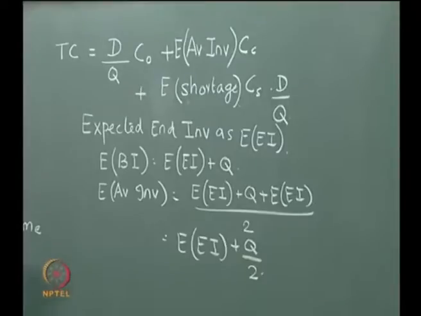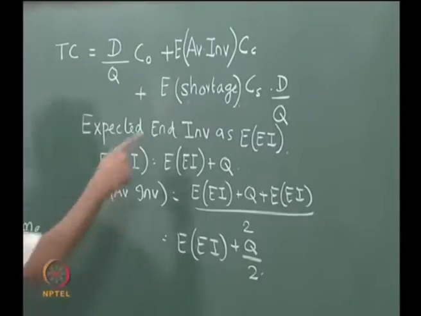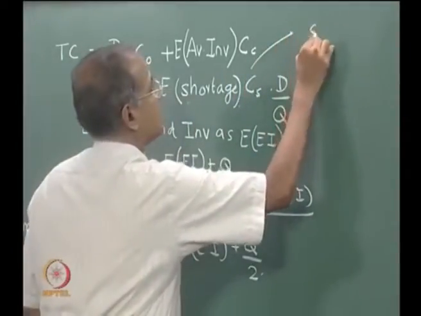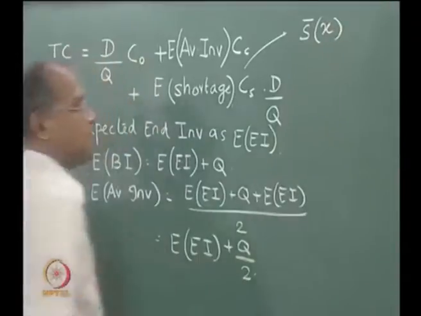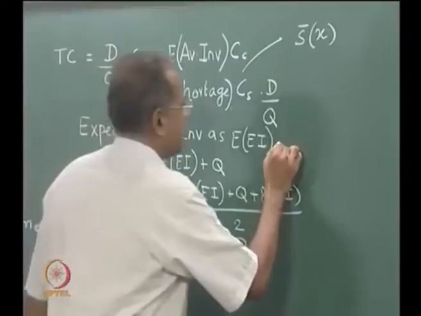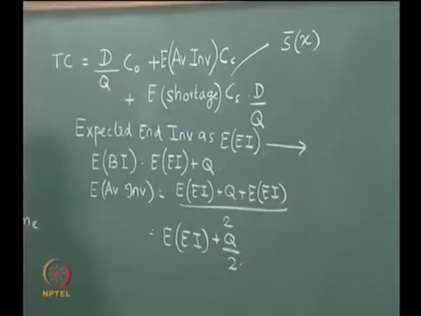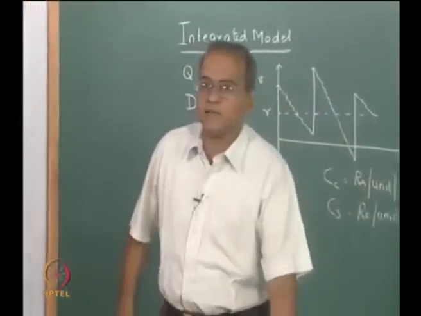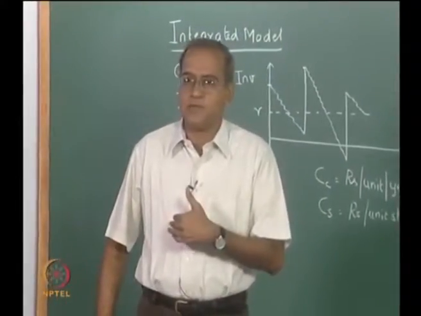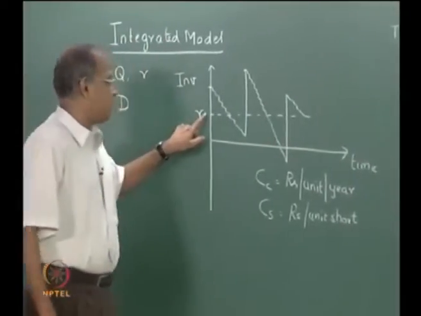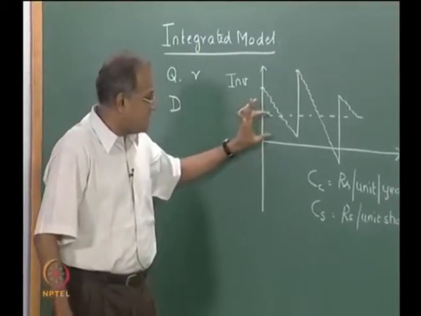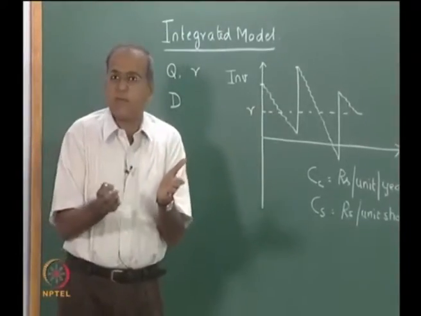So now when we substitute, we should start writing this. We call the expected shortage S bar of x. And what is the expected ending inventory? The expected ending inventory is the difference between the reorder level and the lead time demand, because when we reach the reorder level we place an order, and during the lead time there is lead time demand.